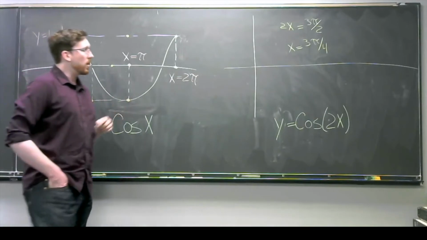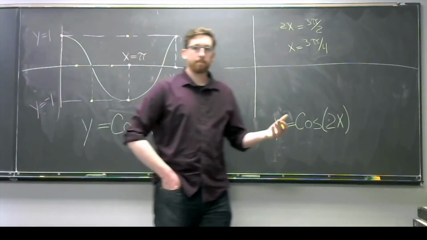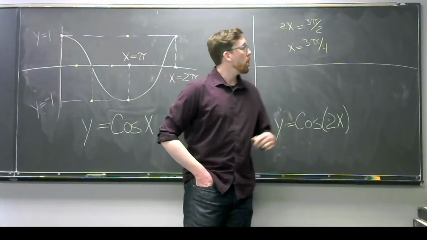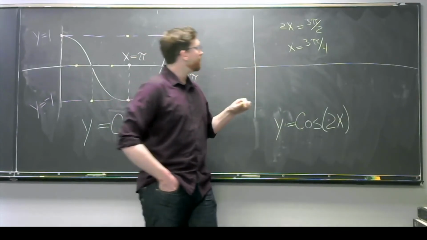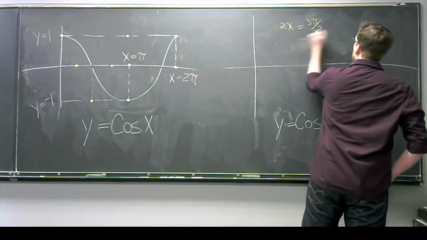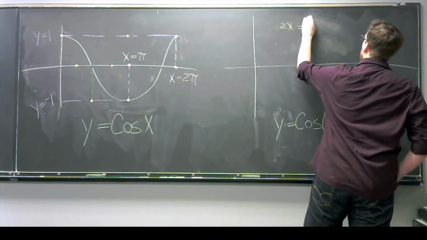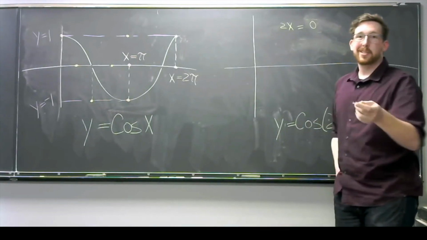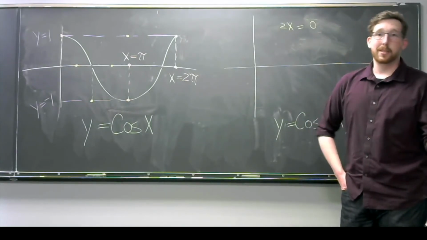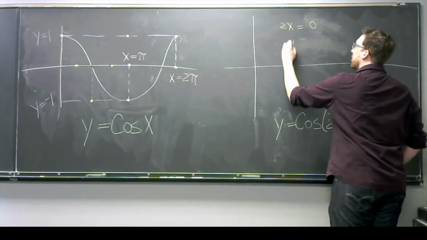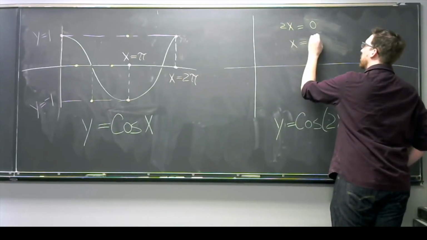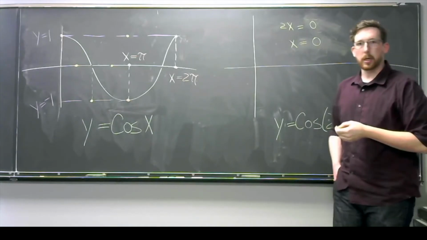Now, having said all of this, there's one other point we might want to note. When 2x is equal to 0, well, 0 divided by anything is still 0. So, dividing both sides by 2, we find that x is equal to 0.